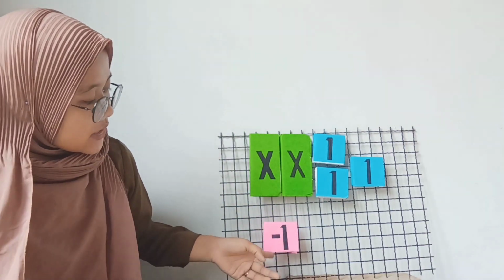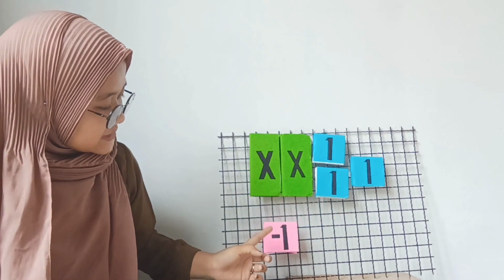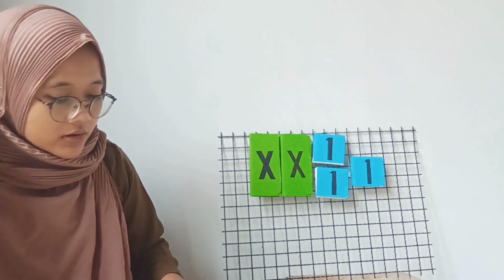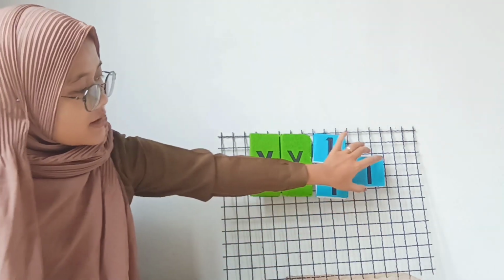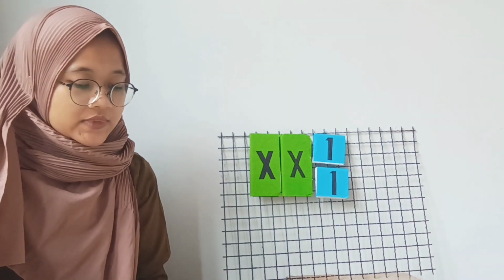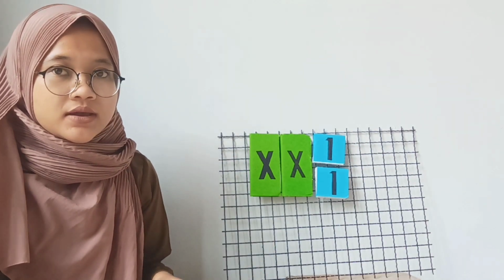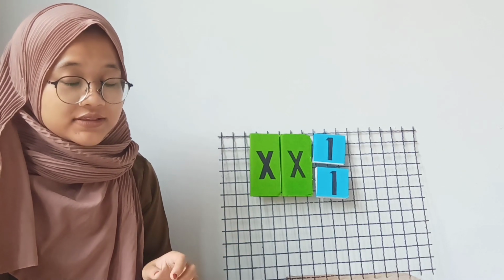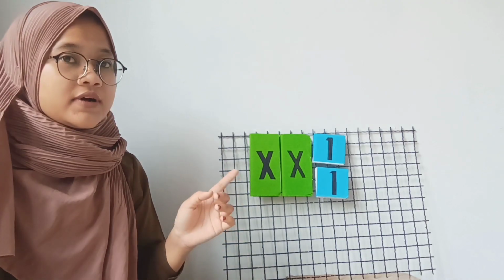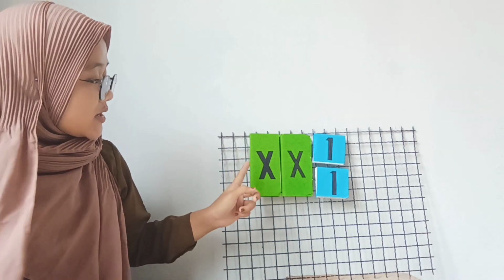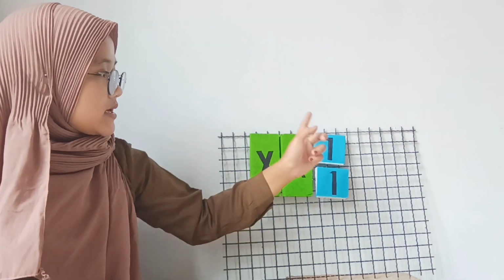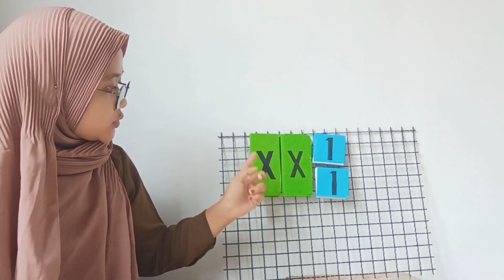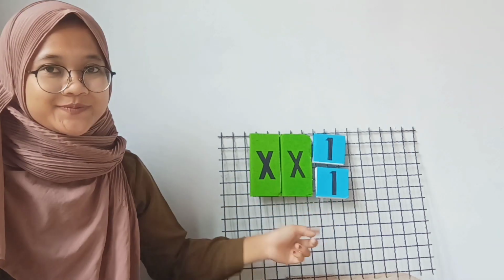The next, 1 plus negative 1 will be 0, okay. From the addition of the two equations, we have result x plus x plus 1 plus 1 result to 2x plus 2, okay.